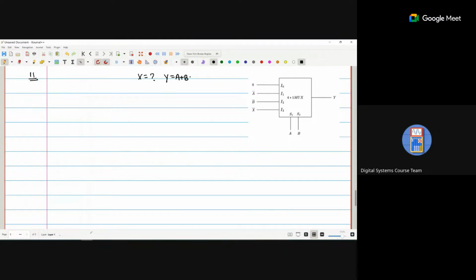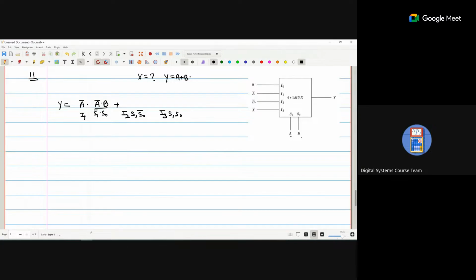So first of all, I write the equation. I0 is 0, so I am not writing I0. I start with I1: A bar B, this is S1 bar S0, and this is I1, plus I2 S1 S0 bar, and I3 S1 S0.